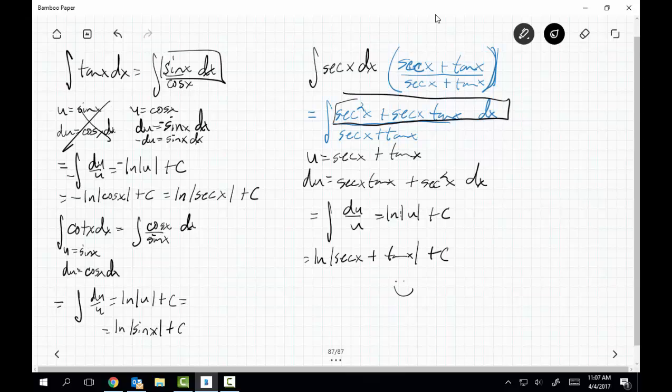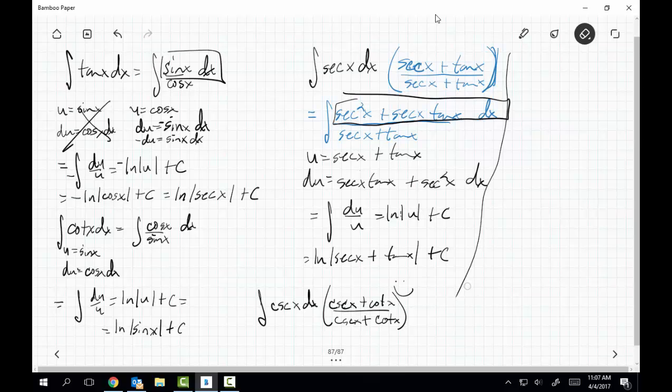All right, now there's one more little tricky one. I won't walk you through the full thing because this video is starting to get a little bit long, but if you look at cosecant x, well, maybe I will. It doesn't take very long. If I multiply through by cosecant x plus cotan x over cosecant x plus cotan x, that's just a goofy looking 1.